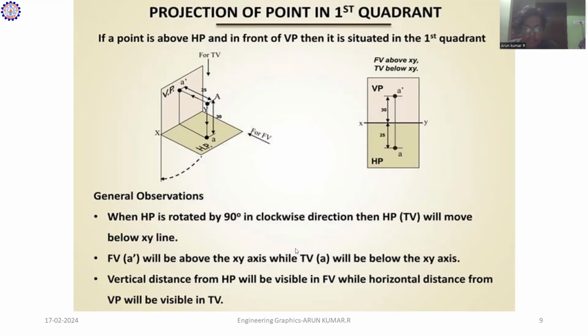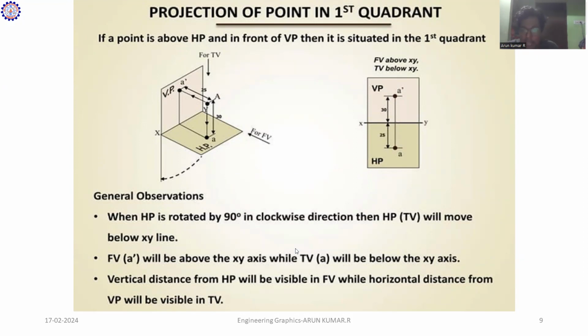The vertical distance from the HP is visible in the front view, while the horizontal distance from the VP is visible in the top view. The left side image is the pictorial diagram and the right side image is the orthographic diagram. As I said, the pictorial is three-dimensional and the orthographic is two-dimensional.